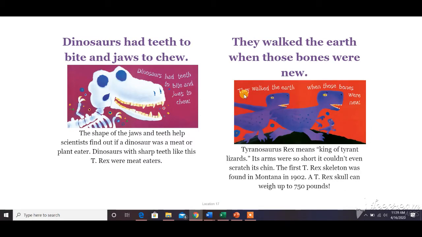Tyrannosaurus Rex means king of tyrant lizards. Its arms were so short it couldn't even scratch its chin. The first T-Rex skeleton was found in Montana in 1902. A T-Rex skull can weigh up to 750 pounds. They had bones for legs and bones for hips.